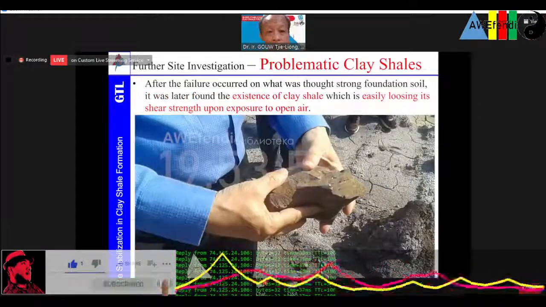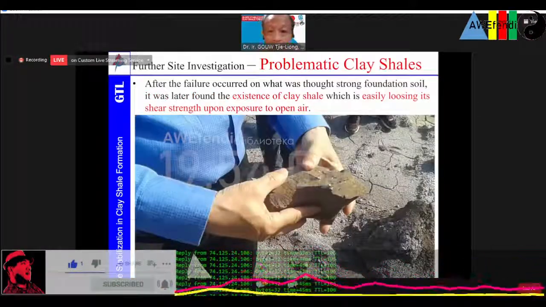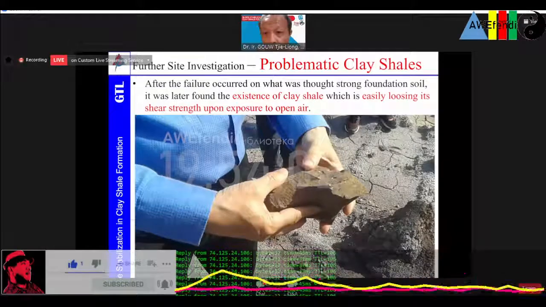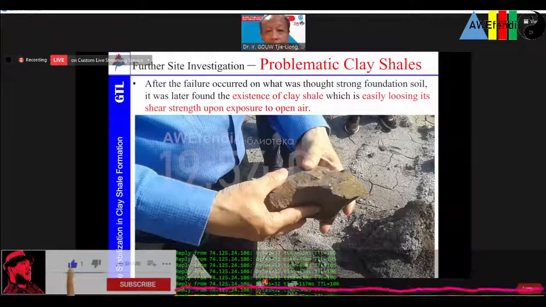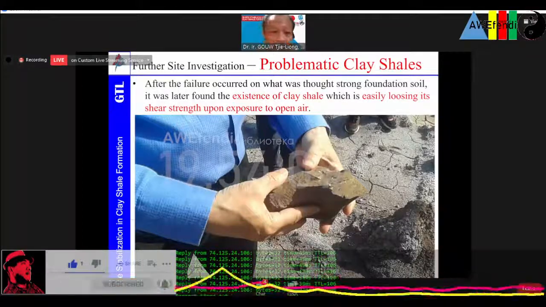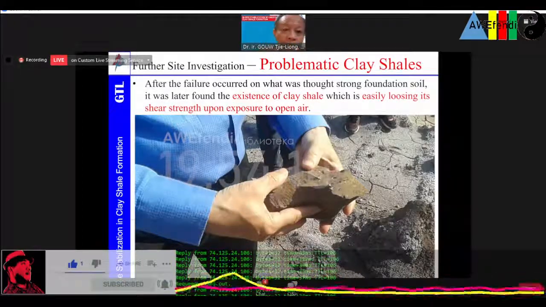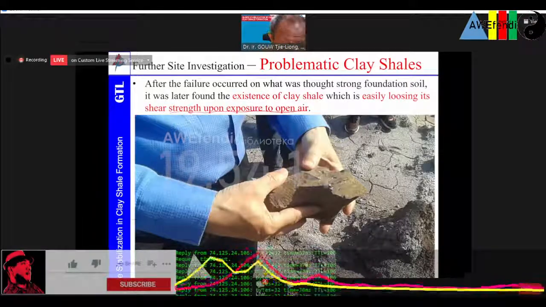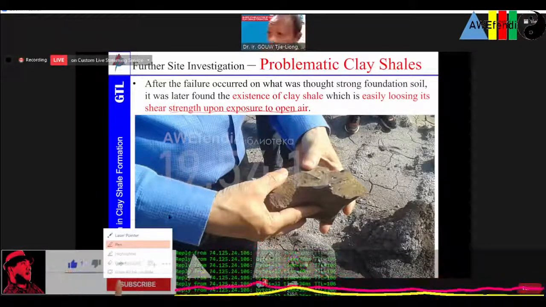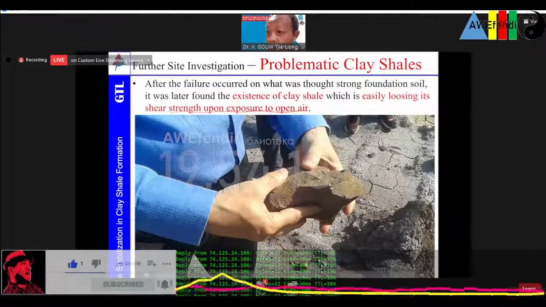So after the failure, some failure took place on what was thought a strong foundation soil. It was later found to be an existence of clay shale, which easily loses its shear strength upon exposure to the open air. Okay, this is the video.